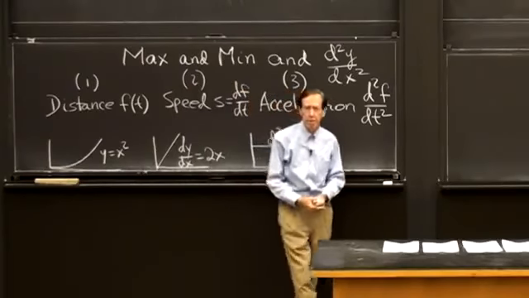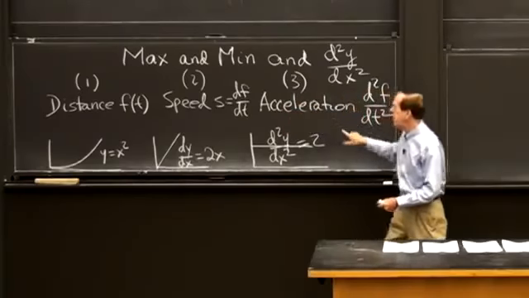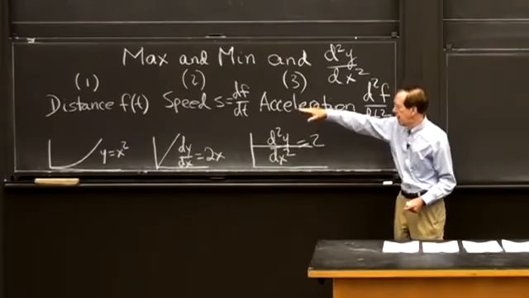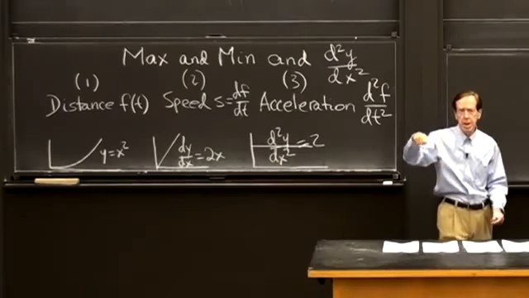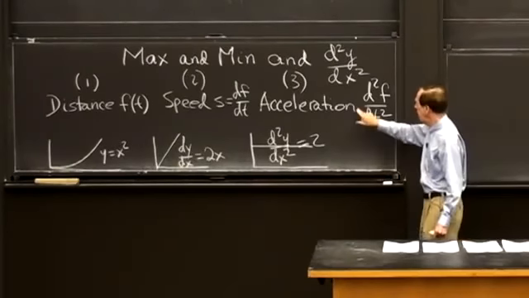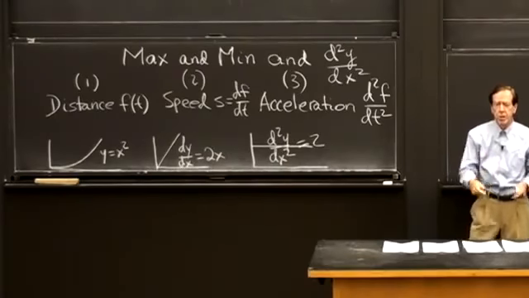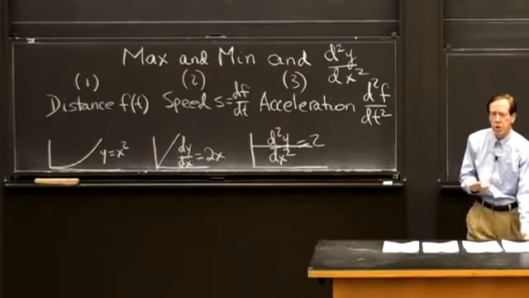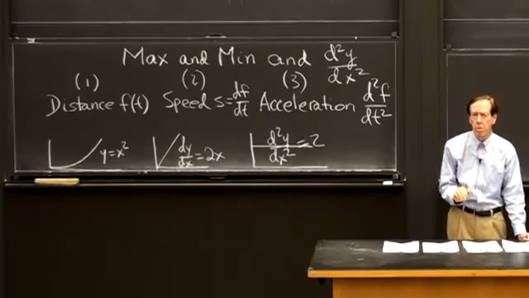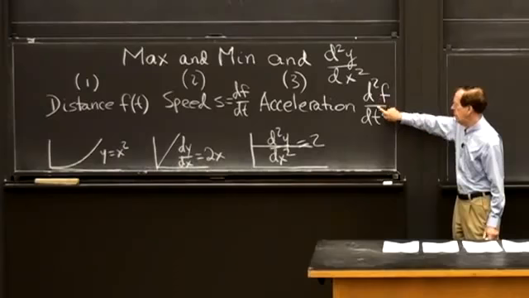Take the derivative. Now comes the derivative of the speed, which in the distance, speed, time language, the second derivative, is the acceleration. The rate at which your speed is changing, the rate at which you're speeding up or slowing down.